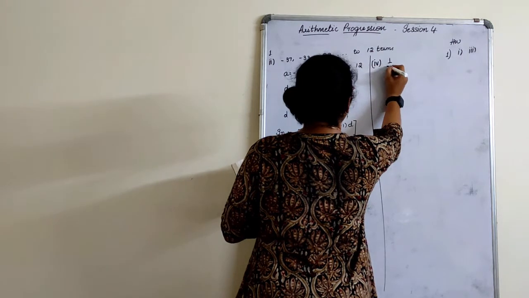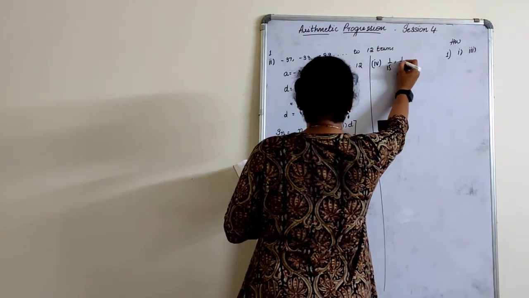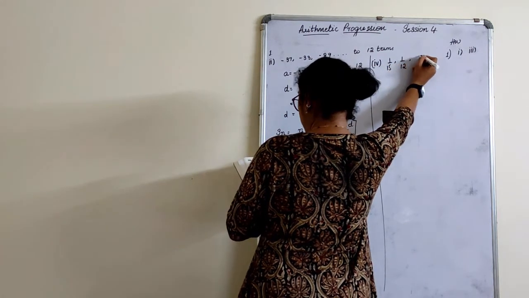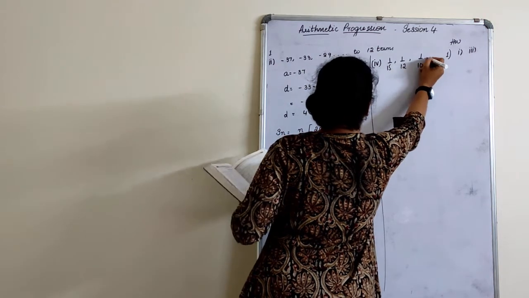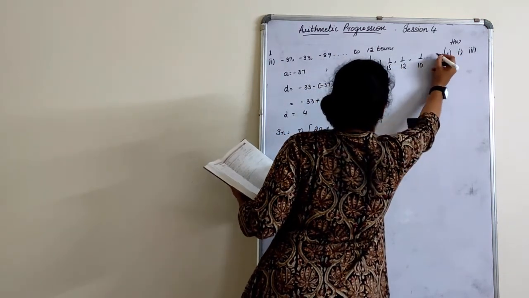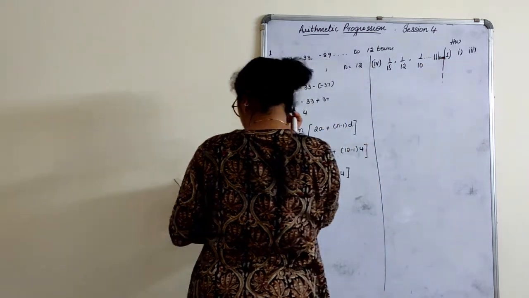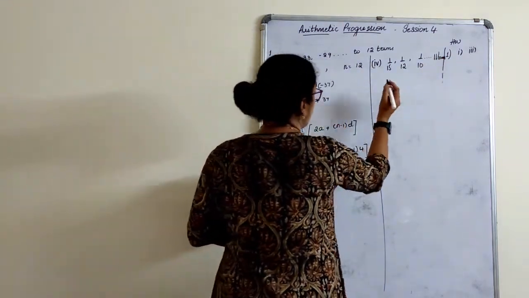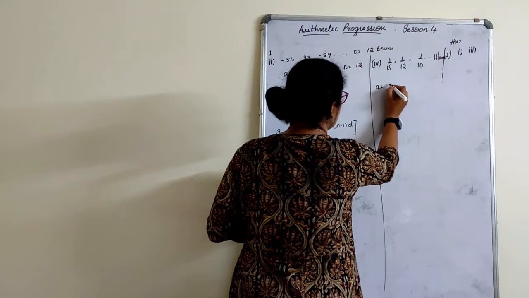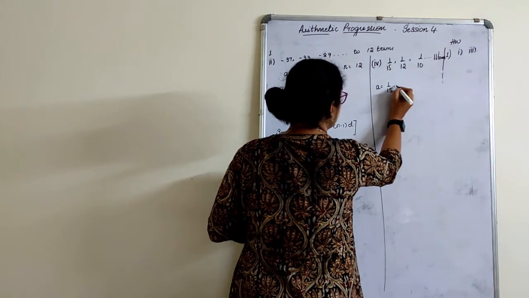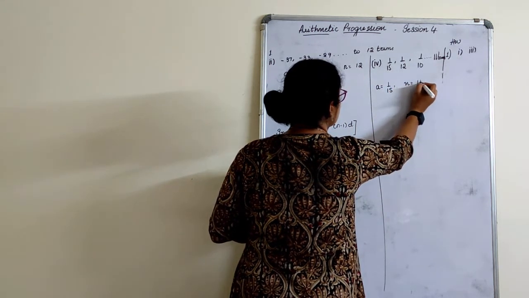1 by 15, comma, 1 by 12, comma, 1 by 10, up to 11 terms. Right? Up to 11 terms means, first of all, write the given. What is a? a is 1 by 15. What is n? n is 11.